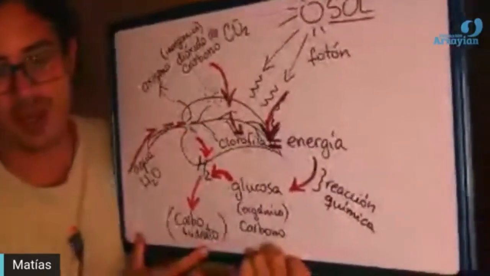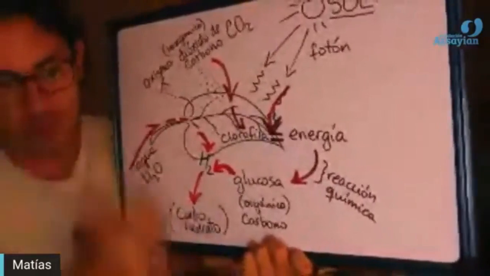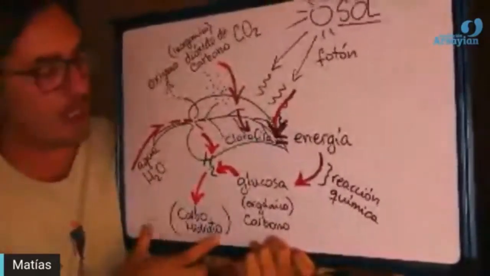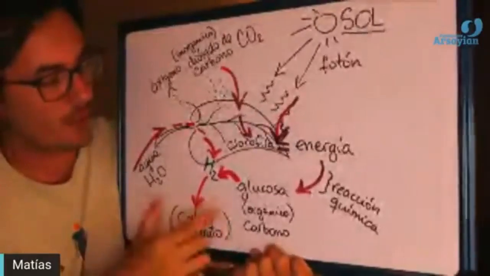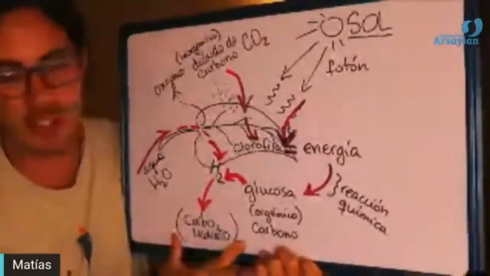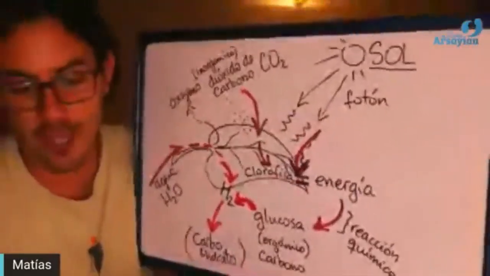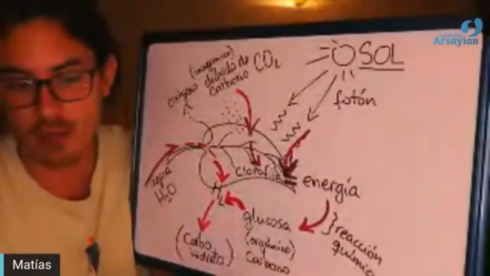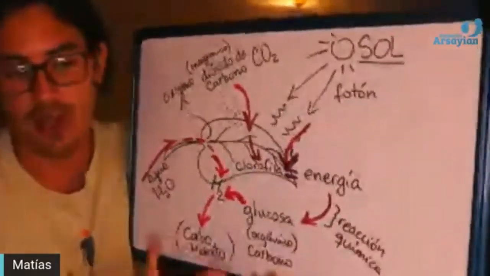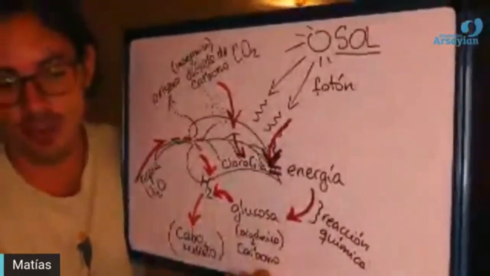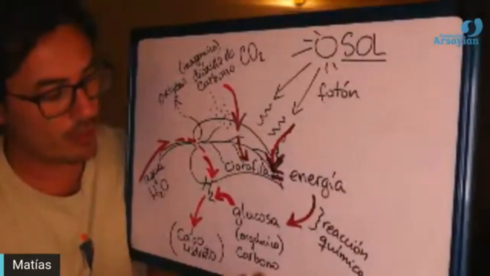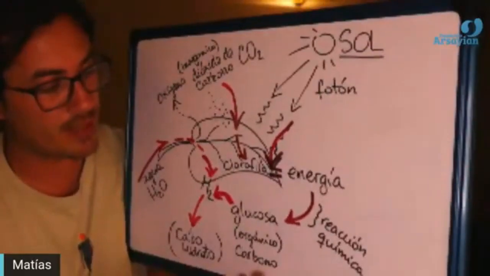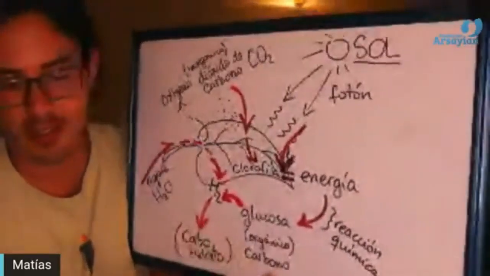So it creates this, which is the base for all food that then we eat from plants and animals and so on. So the plant is creating this food.